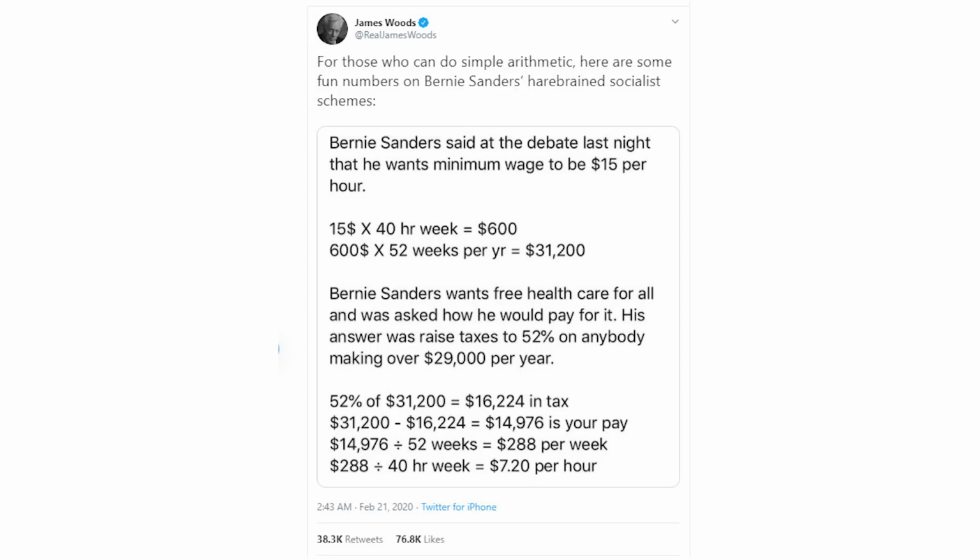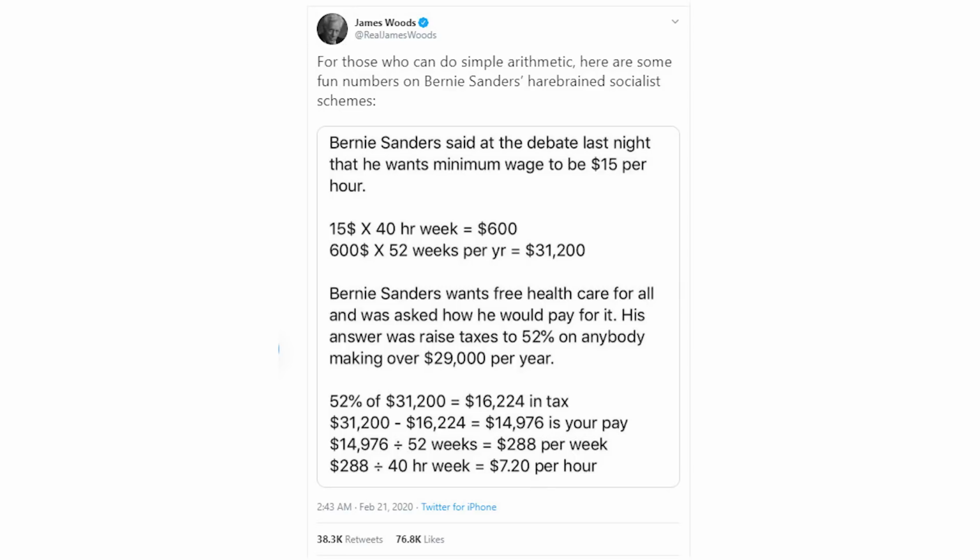Bernie wants free health care and said raise taxes to 52% on anyone making over $29,000. Am I looking at a primary source with Bernie's tax tables? No, I'm not. Go to Bernie's website, find his actual marginal tax tables, and you will see that if you earn $29,000, you're not in the 52% marginal tax bracket.